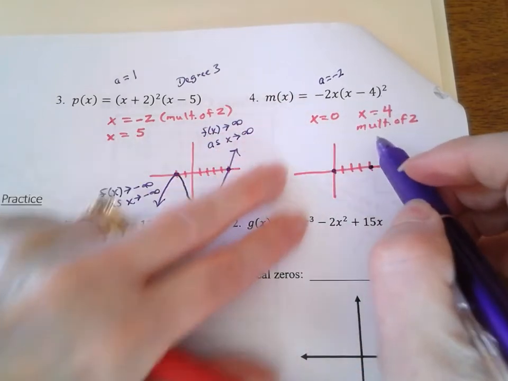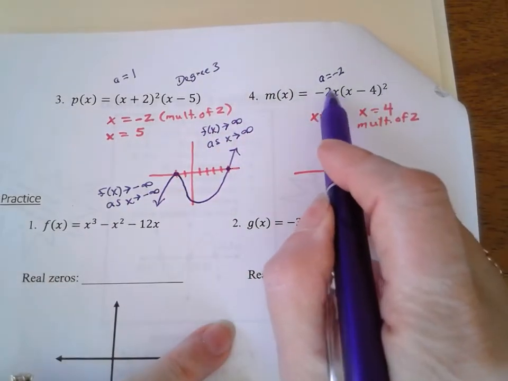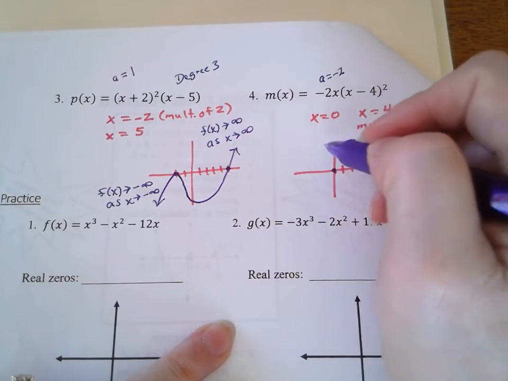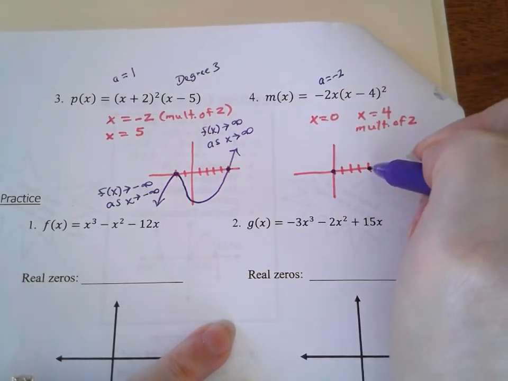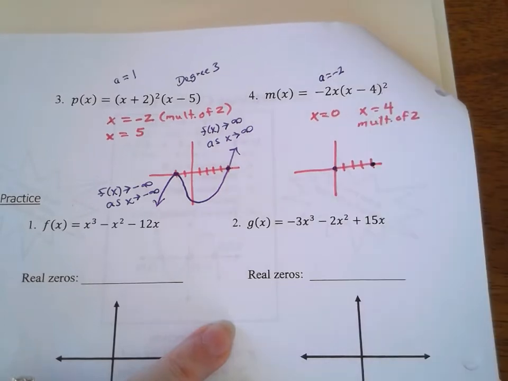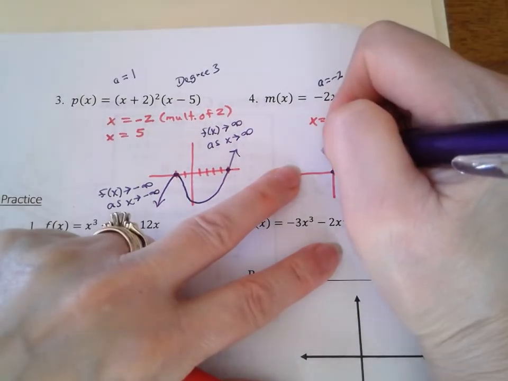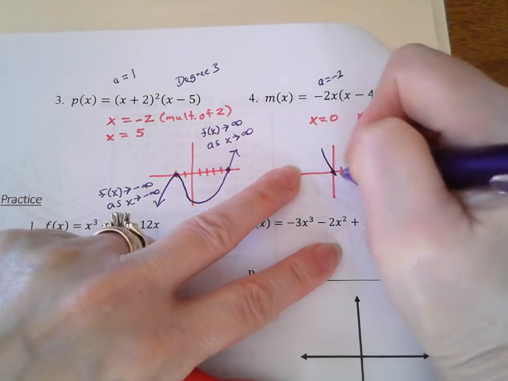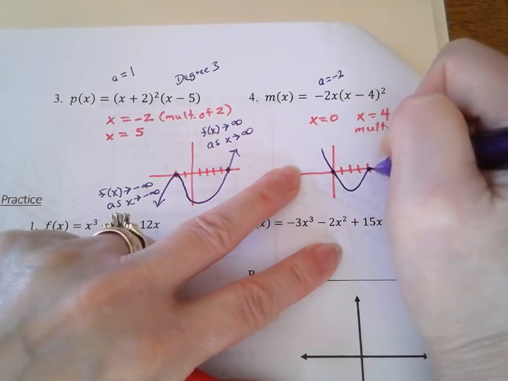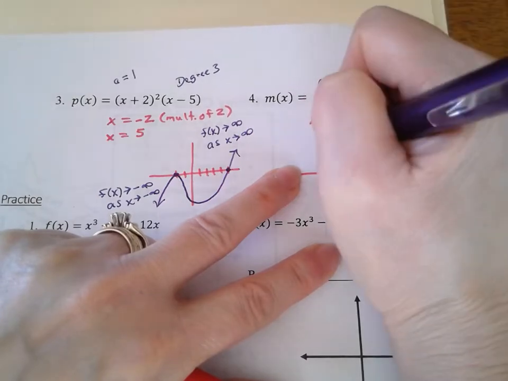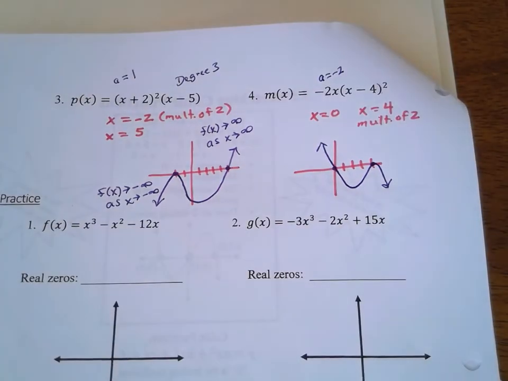So with a negative leading coefficient, that means I'm going to start high and finish low. Remember, the bounce occurs right there. So I'm going to start high, I'm going to come through, turn around, I'm going to bounce or ricochet off of that 4, and that's what my sketch would look like.